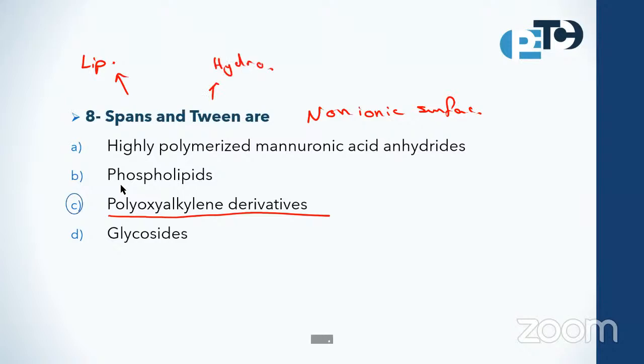In the HLB system, you will find Spans in the lower part, so they will form water in oil emulsion. While Tween is hydrophilic, its HLB value is in the upper part of the HLB system, so it will form oil in water emulsion. If you use the opposite surfactant, you will make a separation between phases and you will destroy the emulsion.